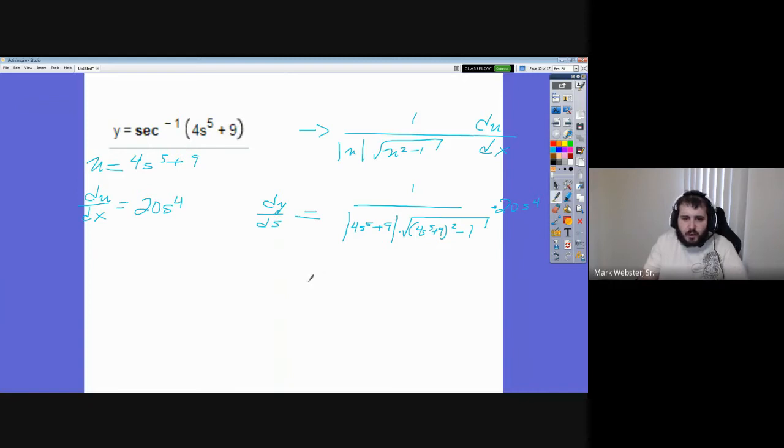And then again, if you want to make it nice and pretty, you can put this on top, this on bottom. For s to the 5th plus 9 squared minus 1.